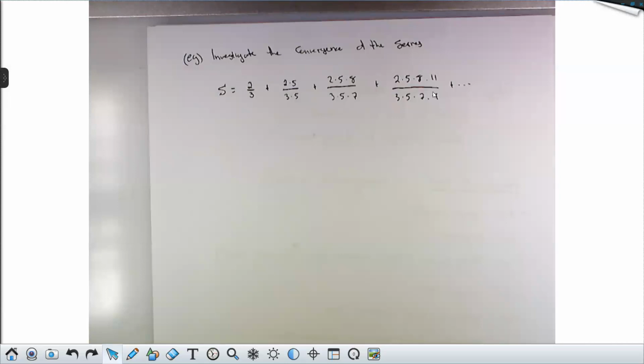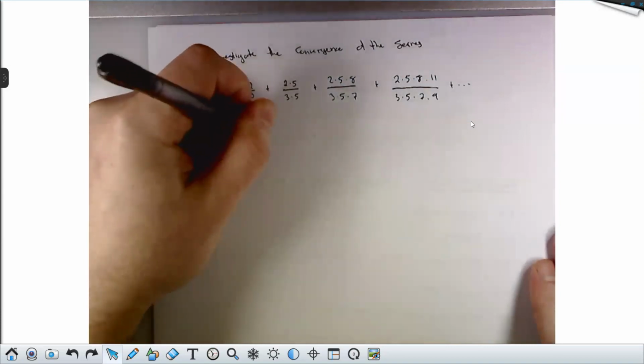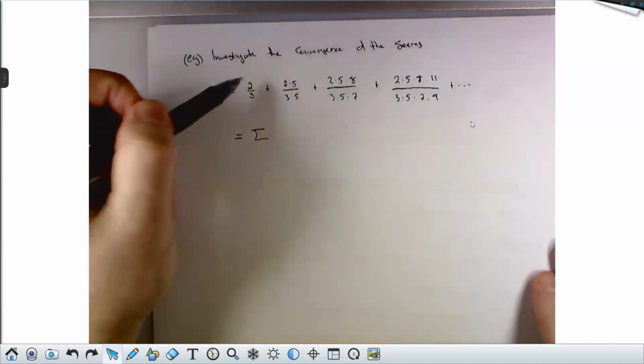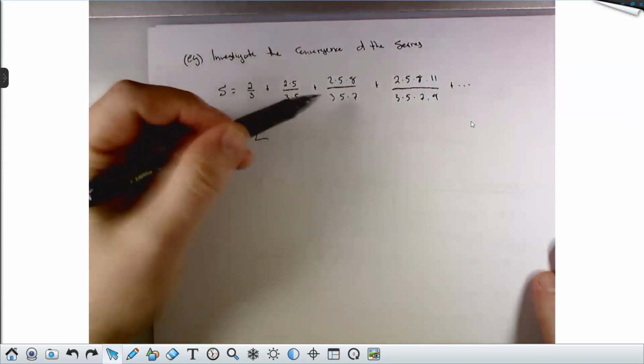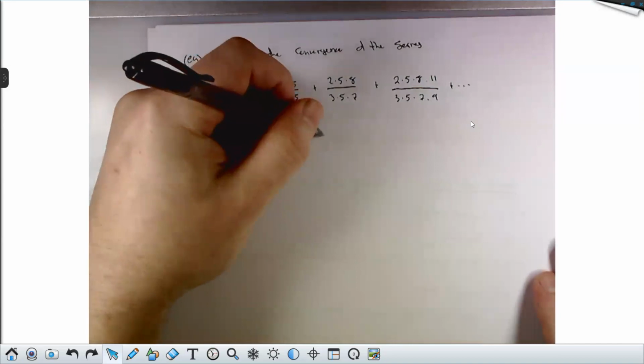So these are factorial-like products, but they're not factorials. It might be useful, especially if we intend to use the ratio test here, which I suggest is the thing to do, to write this in sigma notation. So what's going on up here is we've got products in the numerator and in the denominator.